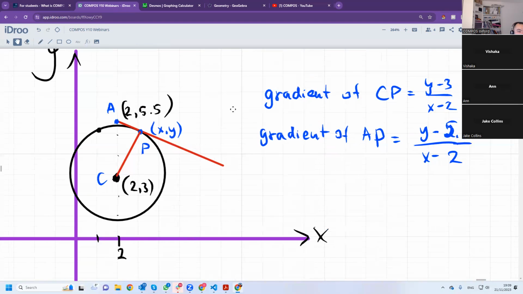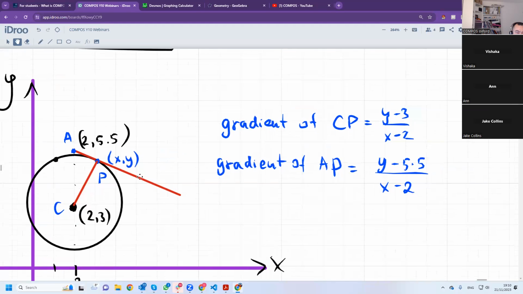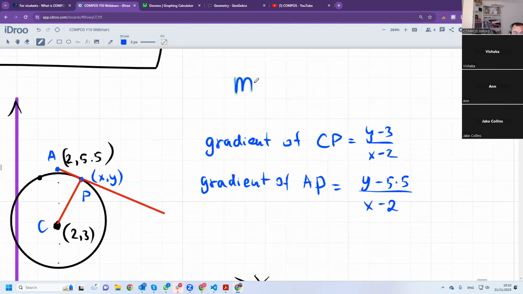Okay, so how well do you understand what I have done so far? On a scale of 0 to 10, please. Okay, so all I've done is I've used the formula for the gradient, because I know that the gradient is equal to y2 minus y1 divided by x2 minus x1. That's all I did.